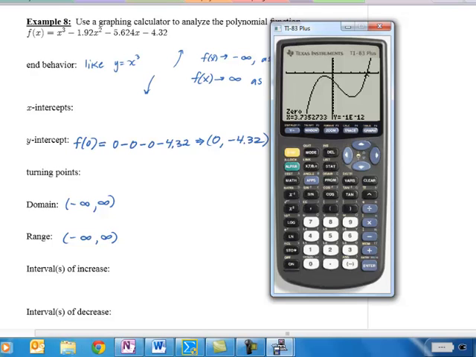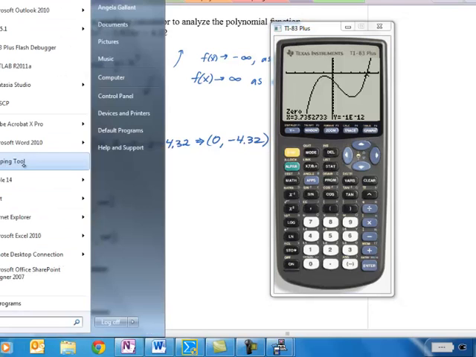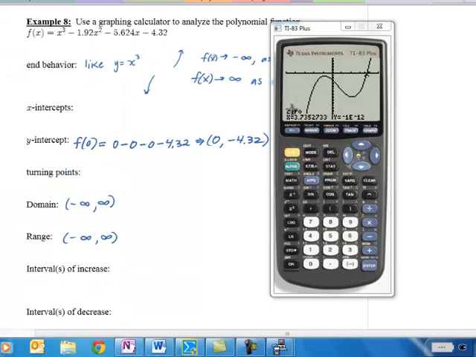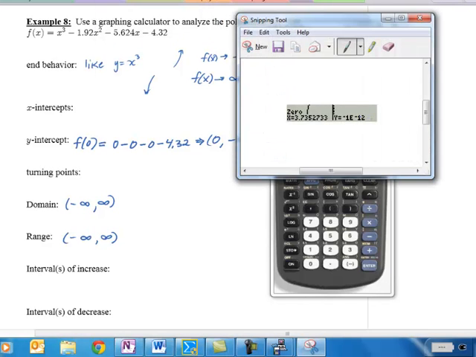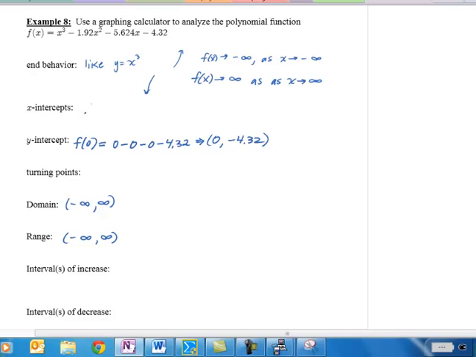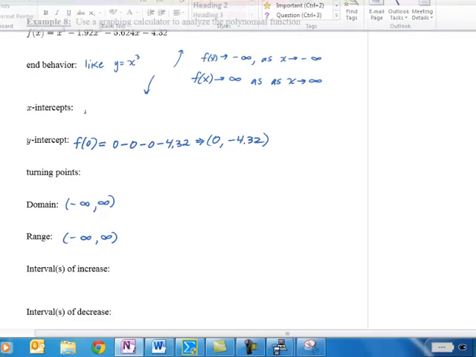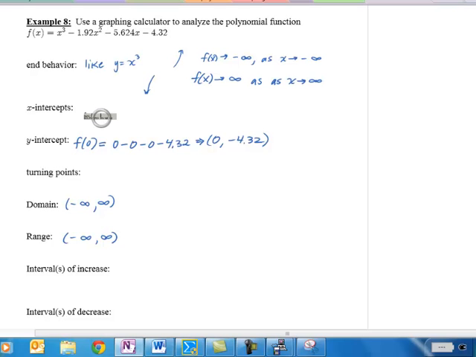I'm going to copy that to screen because this is something that can be confusing. So when we did our calculation, what we found was this at the bottom of the screen.